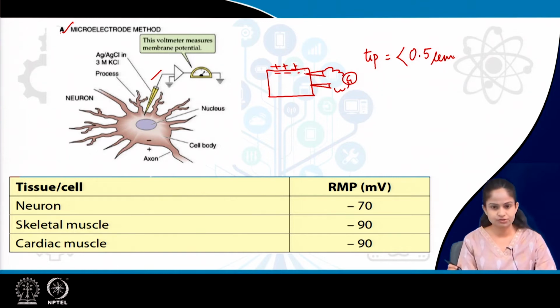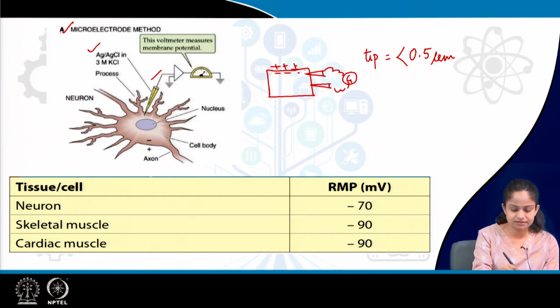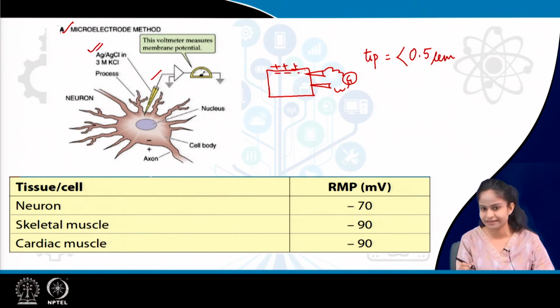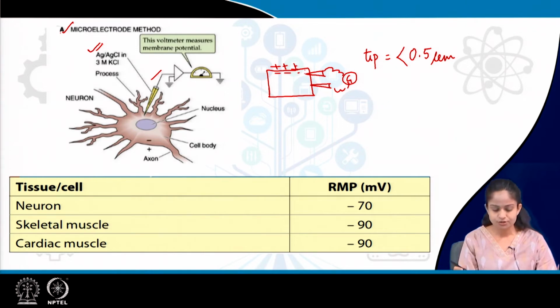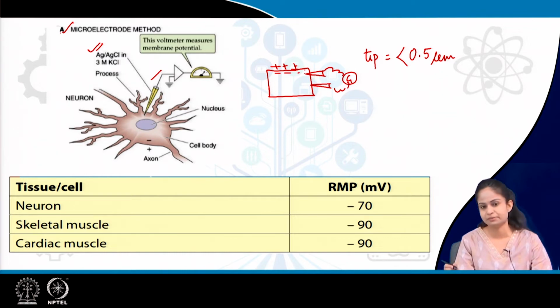So 2 microelectrodes usually we connect and we measure with the help of a galvanometer. We have a solution in that, usually it is silver chloride in 3 molar KCl, or potassium chloride solution. If you could remember this, it is well and good. So with the help of these microelectrodes we could calculate the potential difference, that is resting membrane potential, in a membrane.